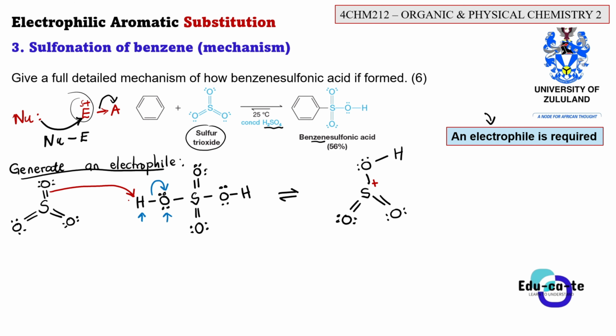Then on the other side, you can see that this sulfuric acid, we have taken away its proton, so it will remain only with an oxygen, but this oxygen will now have 3 lone pairs of electrons. Okay, so this oxygen will now have 3 lone pairs of electrons, and then it will be bonded to the sulfur, then double bonded to the oxygen with a lone pair of electrons. Then it will be double bonded to another oxygen with 2 lone pairs of electrons.